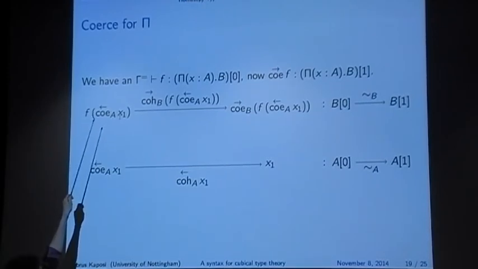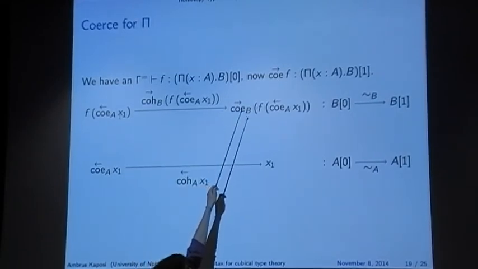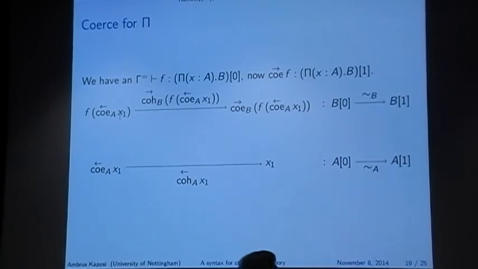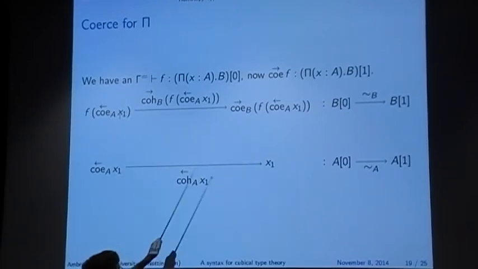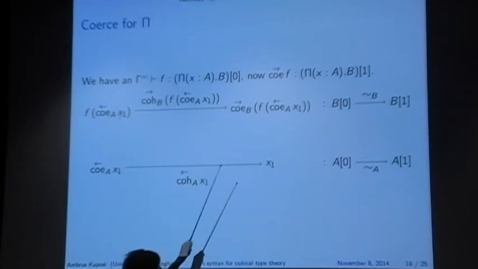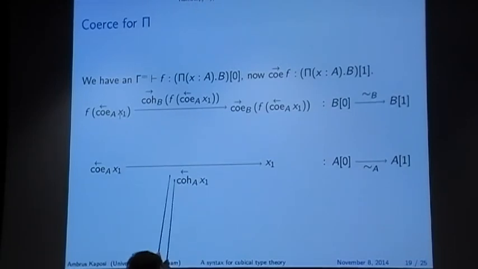And then after I apply the function, I coerce it forward in B, and I get my result in B1. In fact here this B depends on this square. So you can imagine a substitution here as well, similarly as for sigma, which includes this for x0, this for x1, and this for x2. So B is a dependent type.